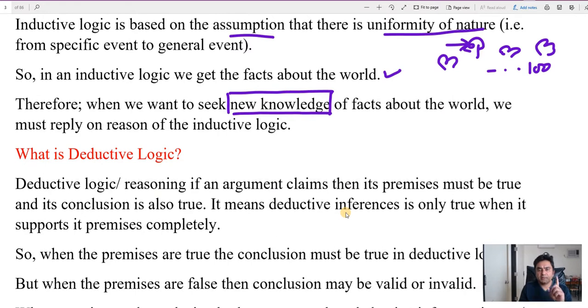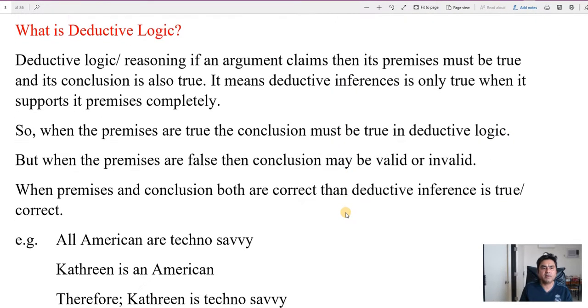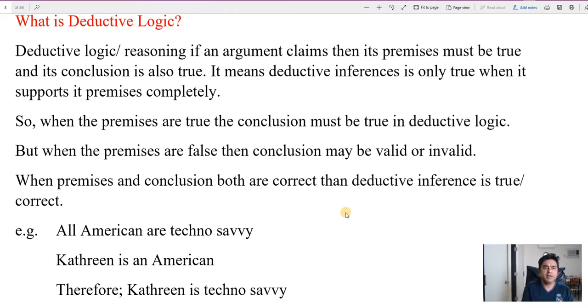The other method to come to a conclusion is deductive logic. Now what is deductive logic? In deductive reasoning, if an argument's premises are true, then its conclusion must be true. So there are some sentences. Based on these 3 sentences, you will find the 4th sentence, which gives a conclusion, or summarizes these 3 sentences in one sentence.